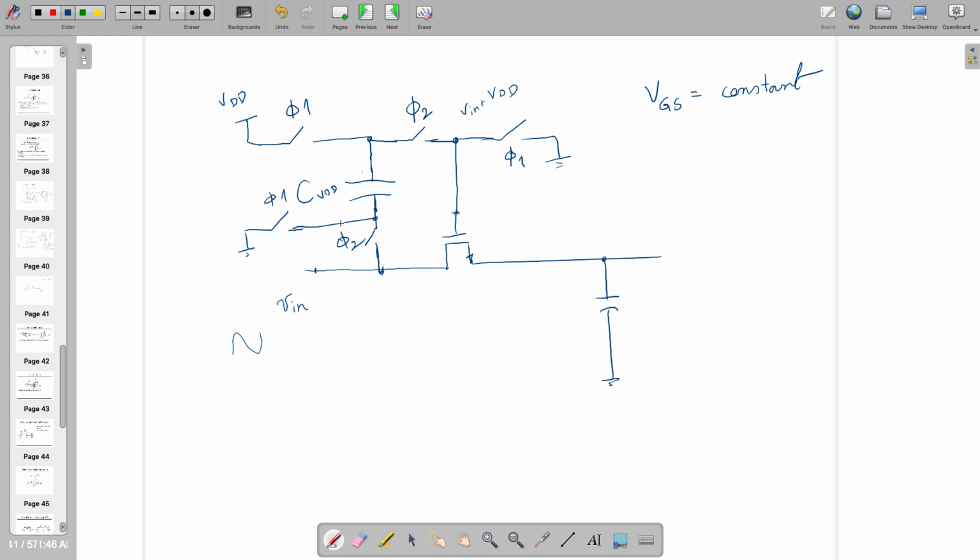Now the next thing is, let's replace these switches which we have made with the normal notation. Let's replace them with transistor switches. So what do you think? What should I do with phi 1? I can use NMOS, no problem. What about this guy?